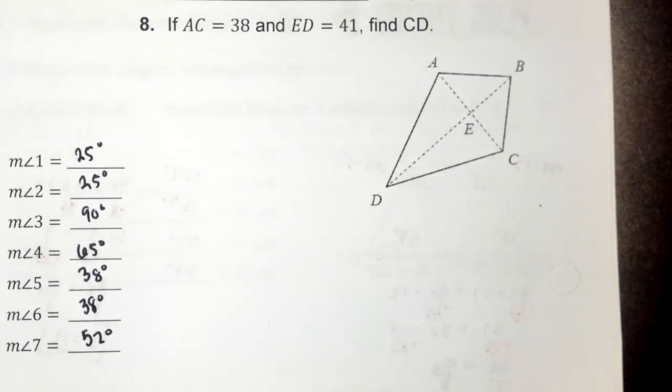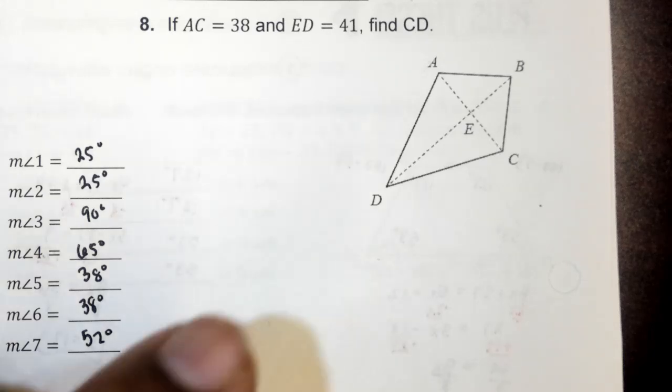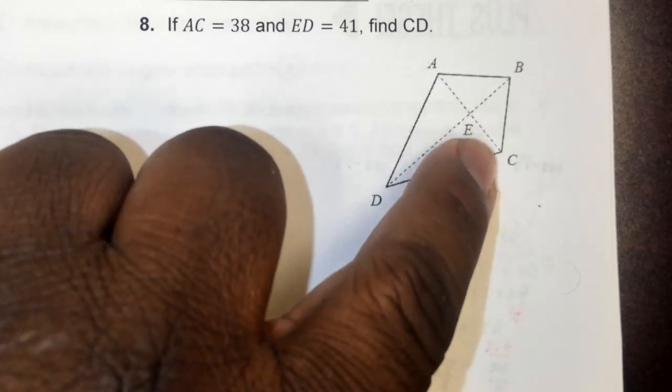If AC is 38 and ED is 41, find CD. On these kites, when they start giving you these little diagonals, more than likely they set you up to do what we've been doing the last couple of days. So when they give me these numbers, for AC they said it was 38.